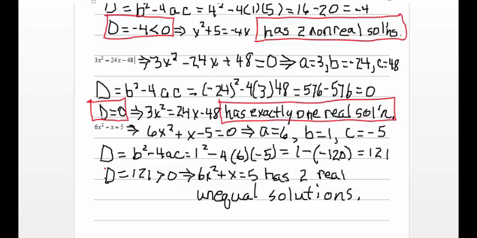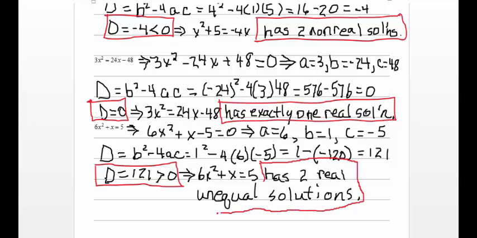If the discriminant is greater than 0, the equation has two real unequal solutions.